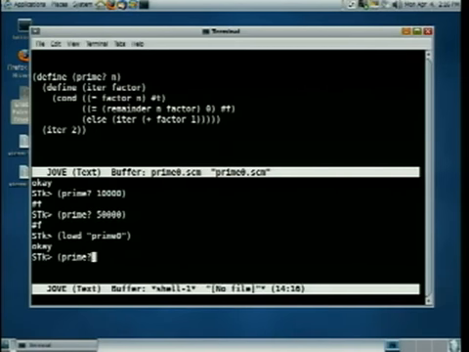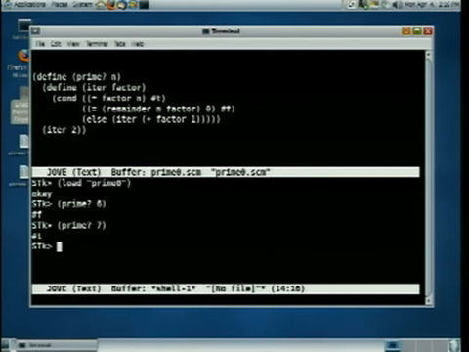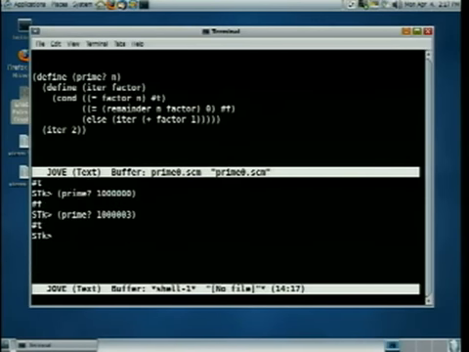So now I can say prime 6, no, prime 7, yes, prime 1,000,000, no, it's not. Now, if I ask, is 1,000,003 prime? It's still going to take a while to come up with an answer. If the number is prime, then we still have to check all the possibilities. While we're waiting, yes it is.